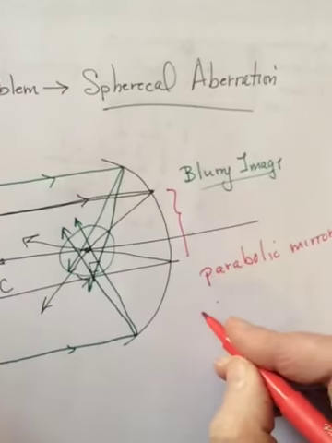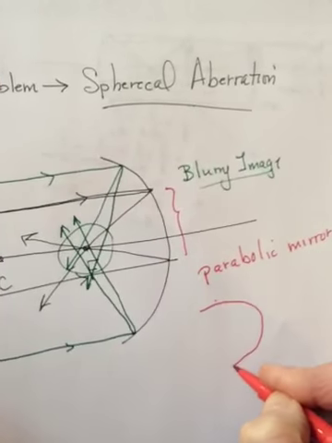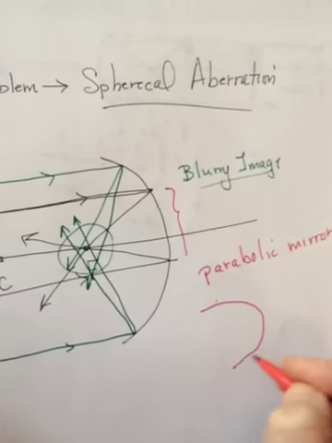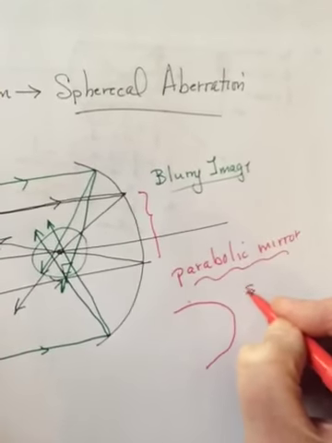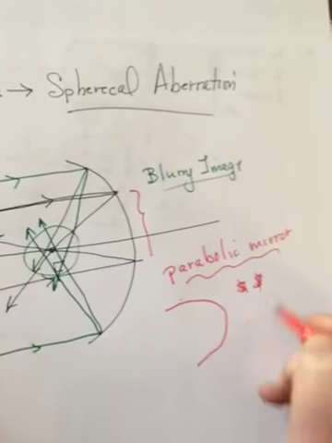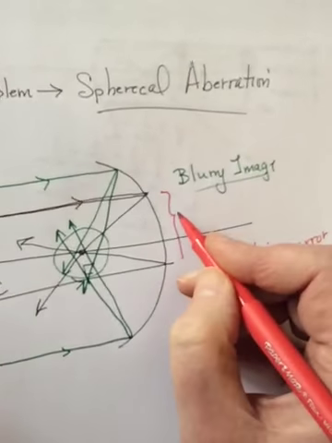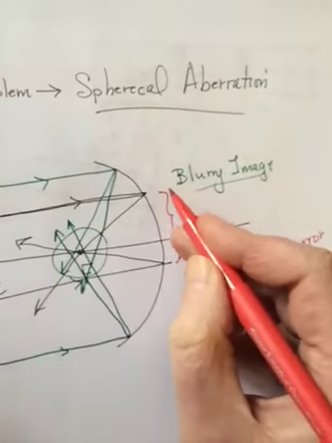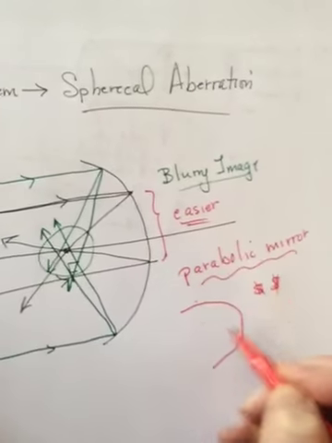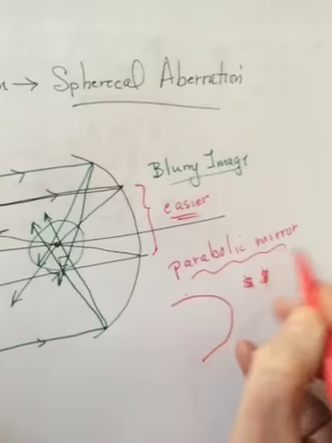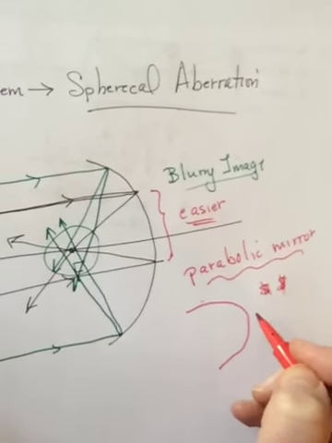It would be more shaped like a parabola, and that will cause these rays to bend better. The problem is parabolic mirrors are really expensive, and so it's easier to use just the center part, especially for those of us in high school physics who wouldn't be able to afford a parabolic mirror.